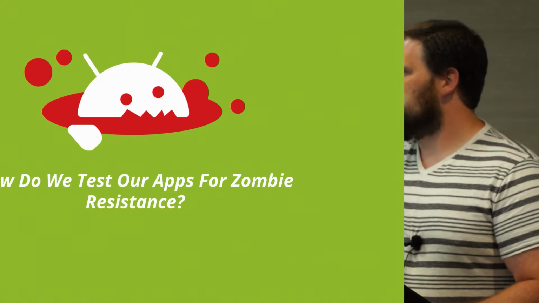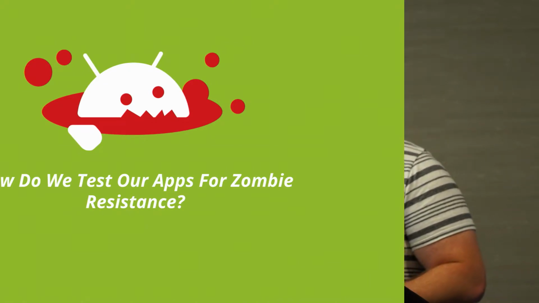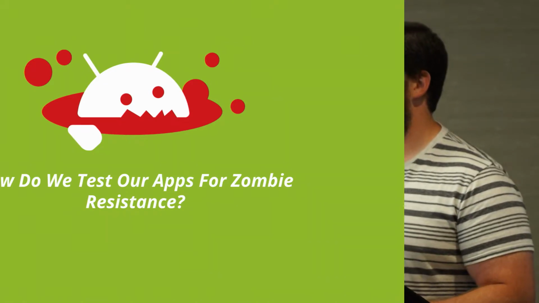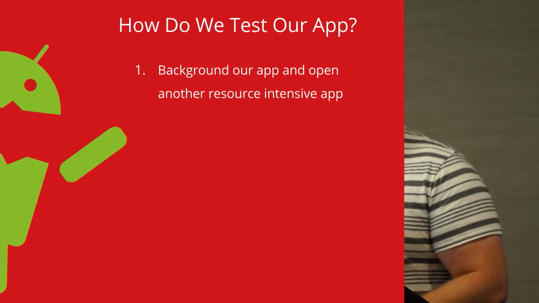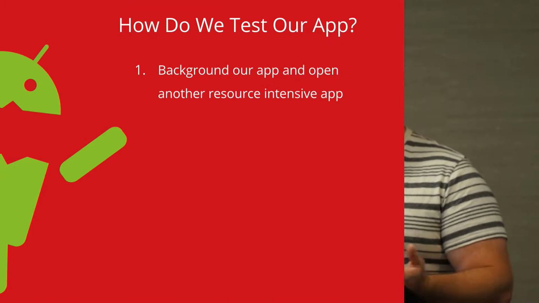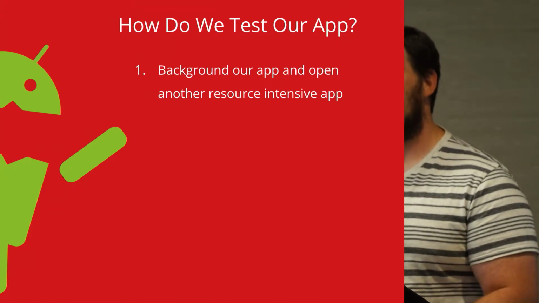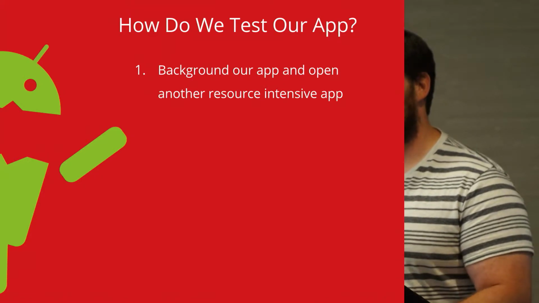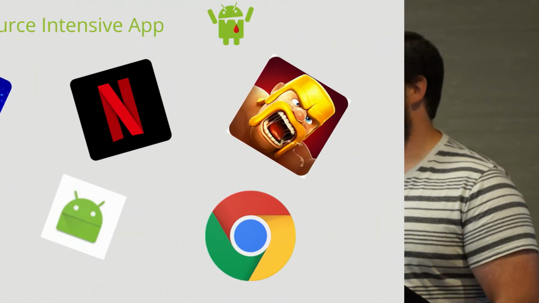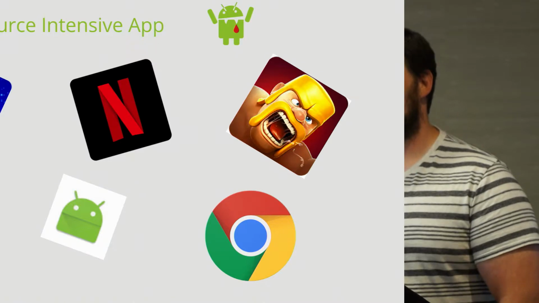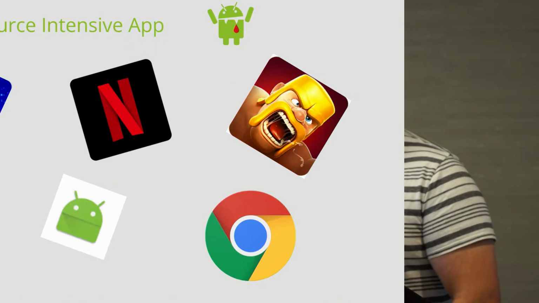All right, so now that we covered kind of what an Android zombie is, how do we test our apps to make sure this doesn't happen? So the first one, and this is one that our users probably experience, is to background our app and open another resource-intensive app. So these are your things like Pokemon Go and Netflix, Clash of Clans, 100 Chrome tabs.